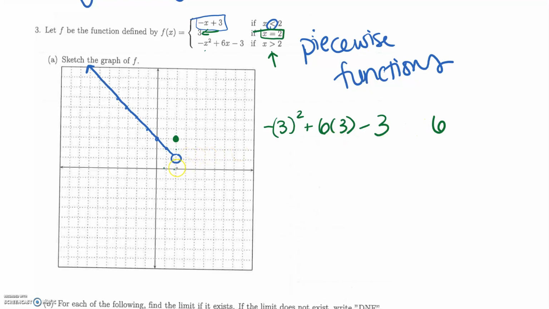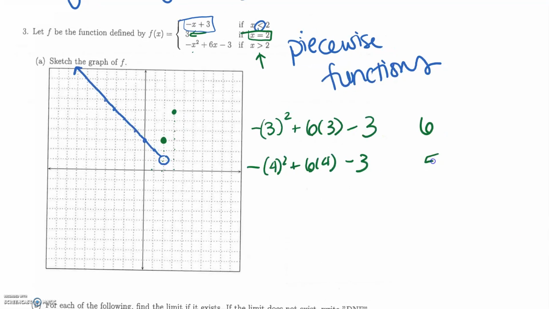So when x is 3, y is 6. I'll do 4 real quick. So the opposite of 4 squared plus 6 4s minus 3. So negative 16 plus 24 minus 3 is 5. So at 4, the value is 5.